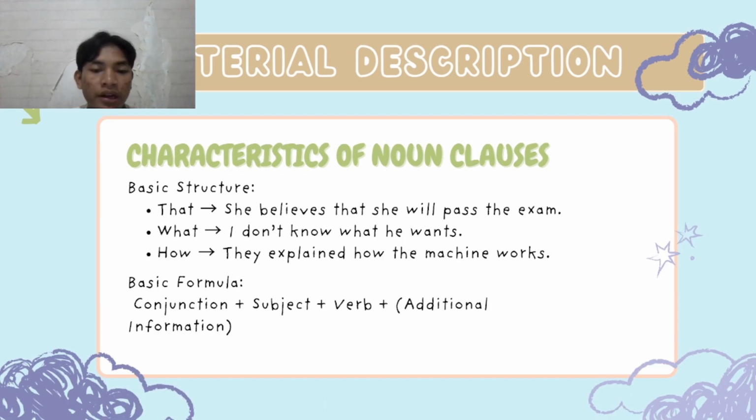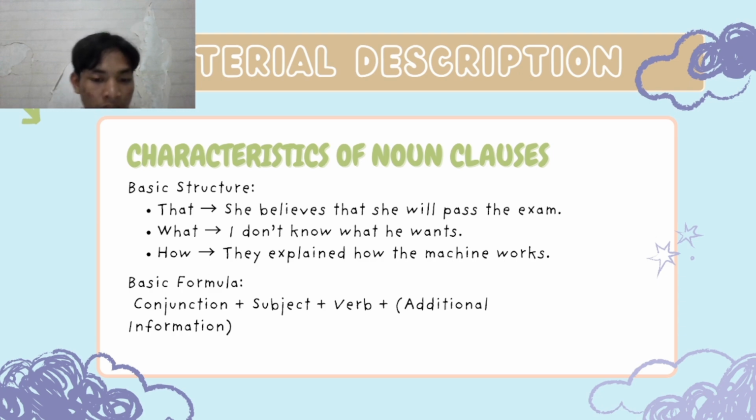Basic formula of noun clauses. Noun clauses often begin with subordinating conjunctions such as "that": she believes that she will pass the exam. And "what": I don't know what he wants.